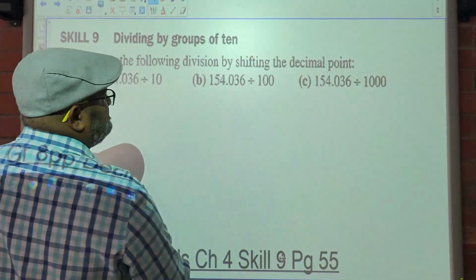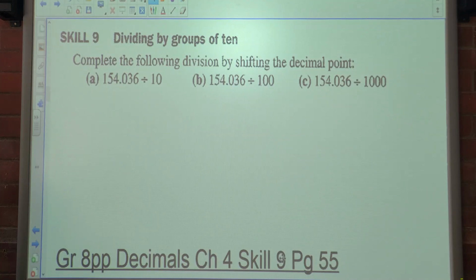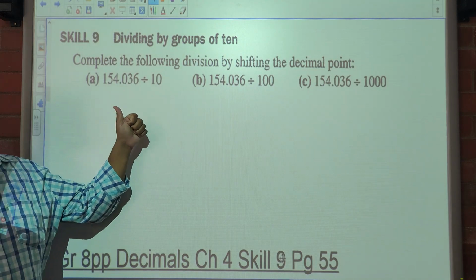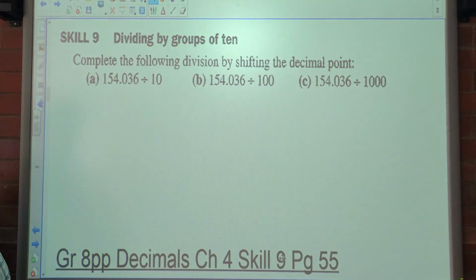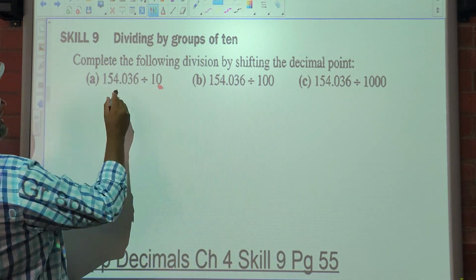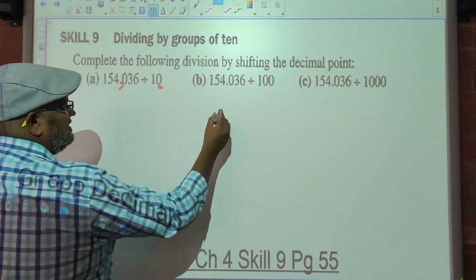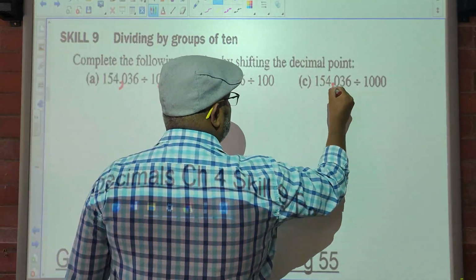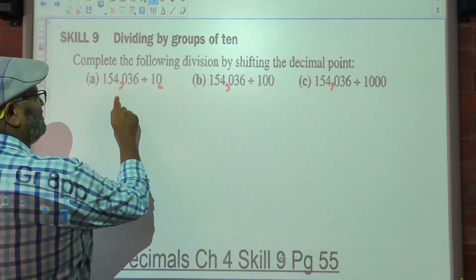Complete the following division by shifting the decimal point. So if we divide, the comma is moving to the left. Okay. So by how many units must this one move to the left? 1. Okay. So we move it 1 unit to the left.